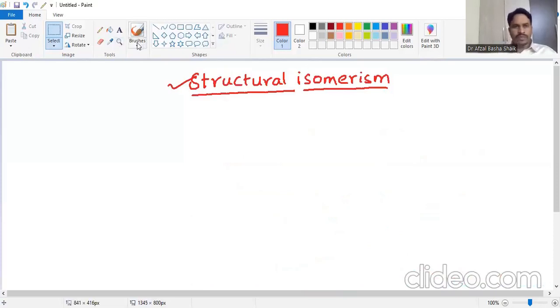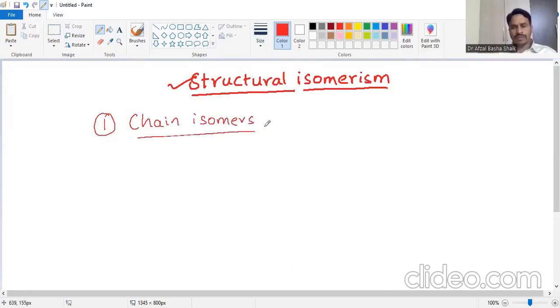Coming to the different types of structural isomers, the first and foremost type are the chain isomers, or chain isomerism. Chain isomers have the same molecular formula, because isomers always have the same molecular formula.